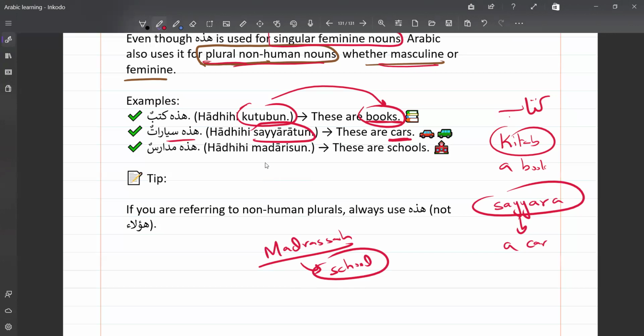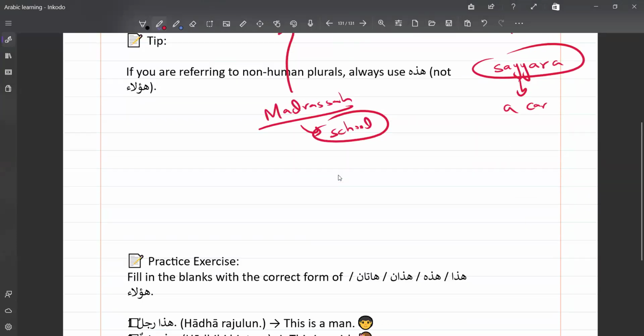So if we say madarisun, madarisun is the plural of madrasa, meaning schools. A single school is called madrasa, and the plural of school is madarisun. So we will say hadhihi madarisun to refer to schools, meaning these are schools. Right? Moving forward.